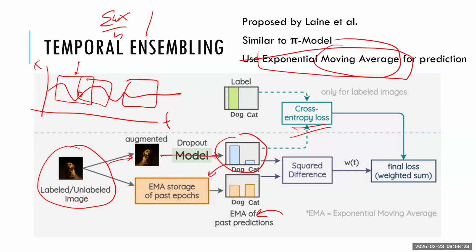It should change gradually, and from the current iteration to the next, it should not change too much. So basically we are not comparing with the same run, but with the previous run. That is temporal ensembling. The word temporal means time, so you use the past predictions to guide the future predictions.